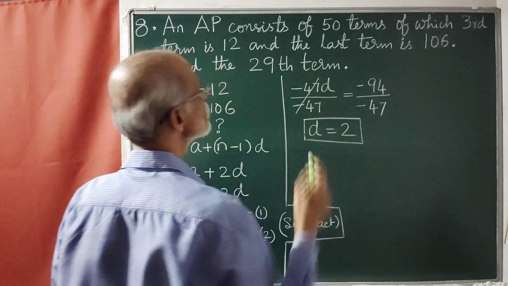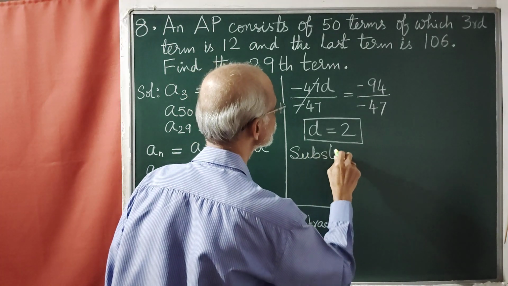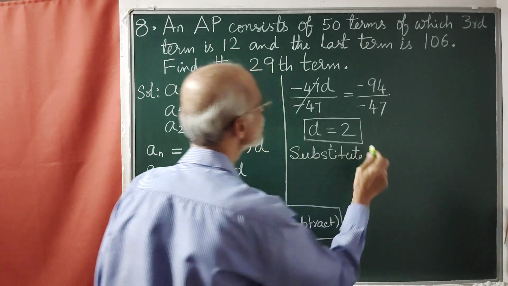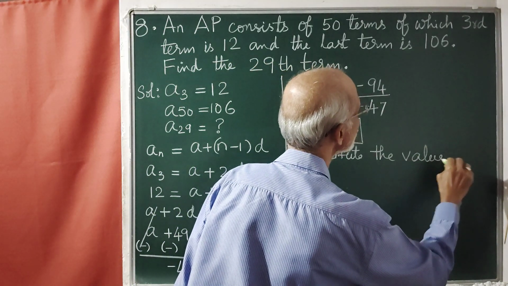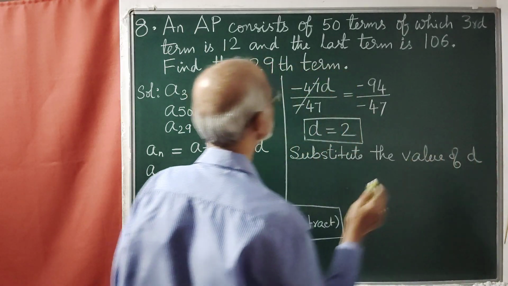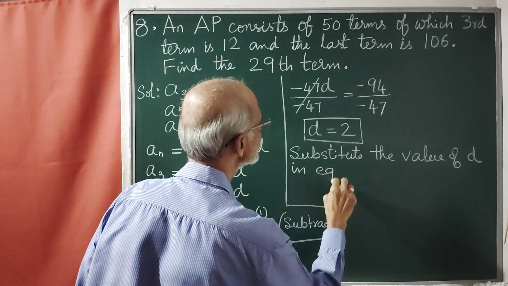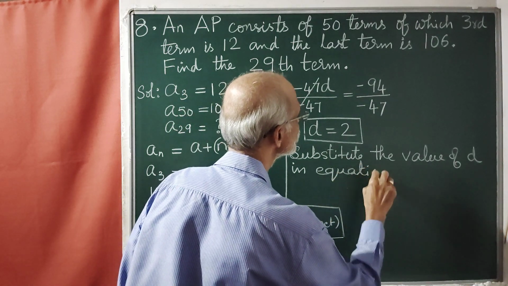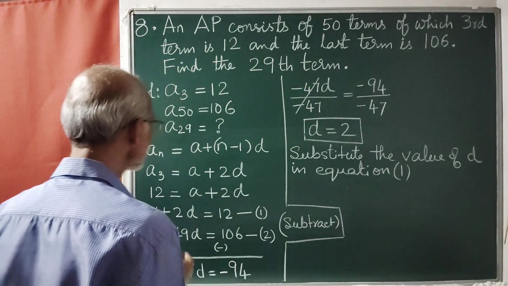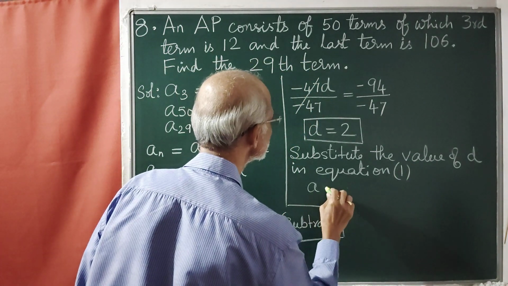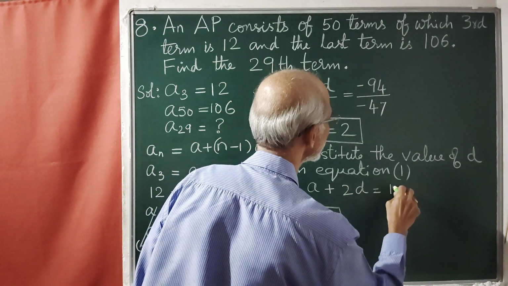Substitute the value of D in equation 1. So equation 1 is A plus 2D is equal to 12.